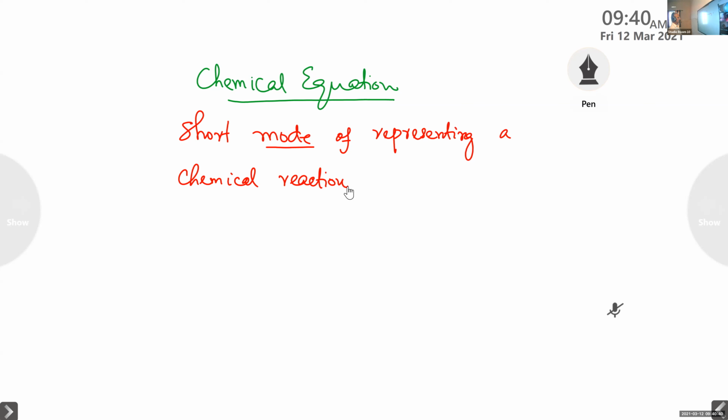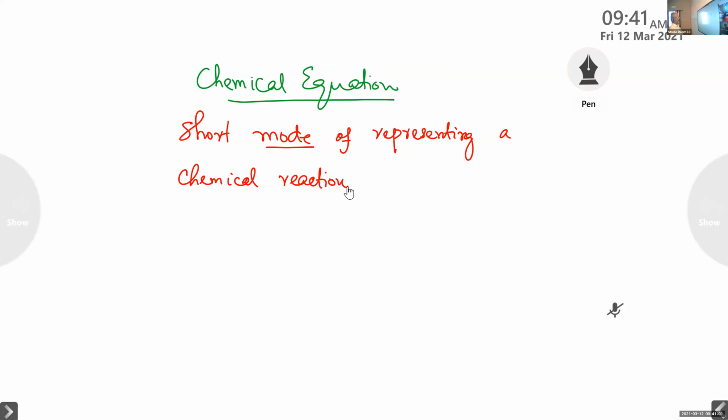That is a short way, a short form, a short mode, a method, a way. Representing, R-E-P-R-E-S-E-N-T-I-N-G, a chemical reaction. A short mode, a short method, a short way of representing a chemical reaction.